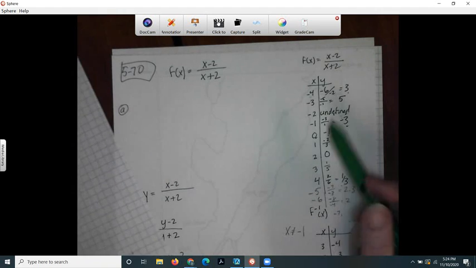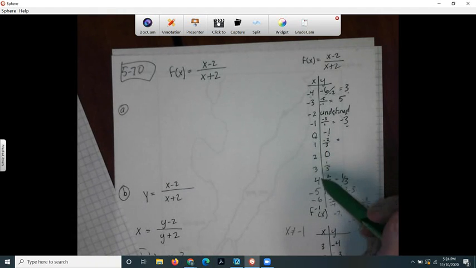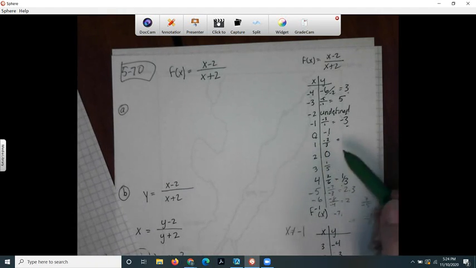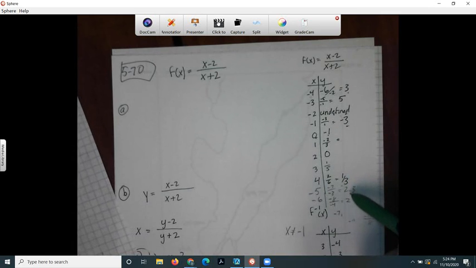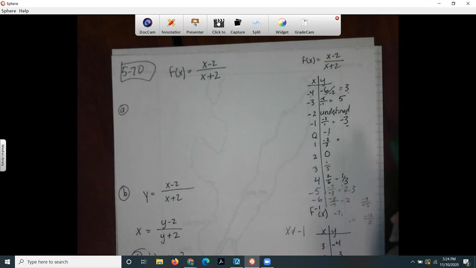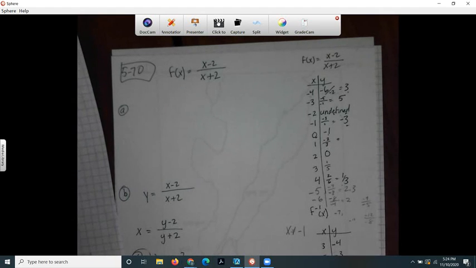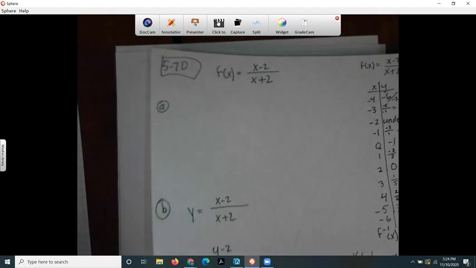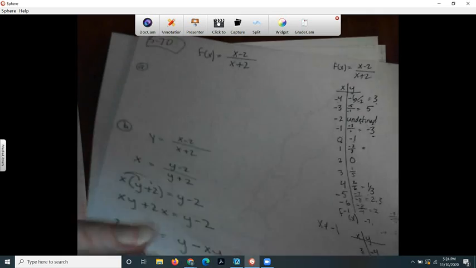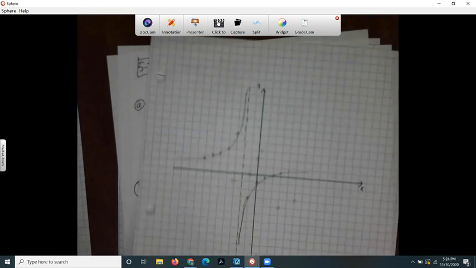And then I kept going down the list, plugging in some numbers. I noticed that I was getting these fractions. And actually, I'll show you, just these ones that are done in pen, these are the ones I started with. Oh, wait, this isn't the graph that I want to show you. Here's the graph I want to show you.